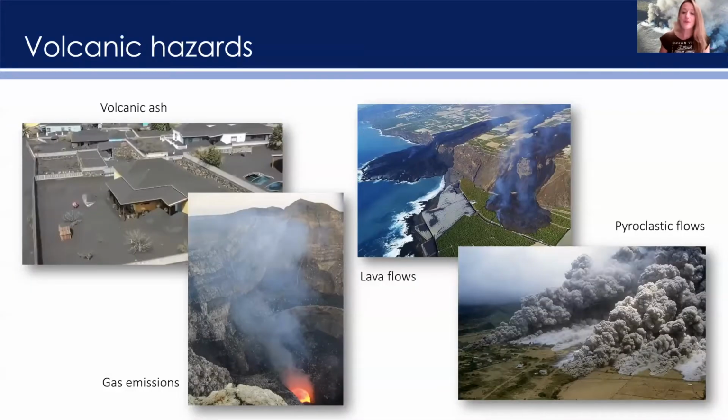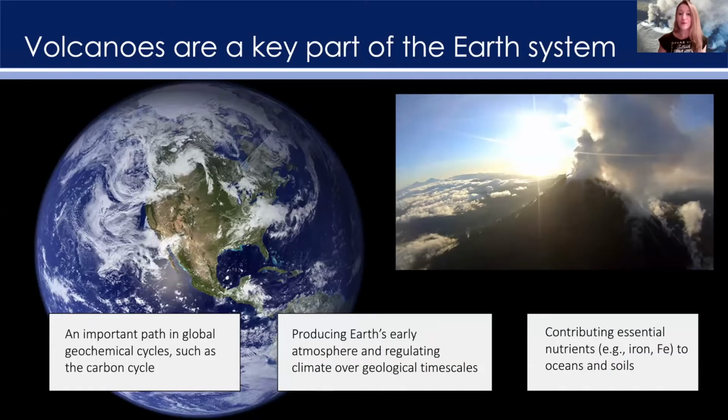And volcanoes also contribute essential nutrients to our atmosphere and our surface environment, such as iron. You may have seen pictures where, when a volcanic eruption happens and the gas plume moves out over the ocean, you see these beautiful, colorful algal blooms happen. This is because iron has been deposited out of the gas plume into the ocean.